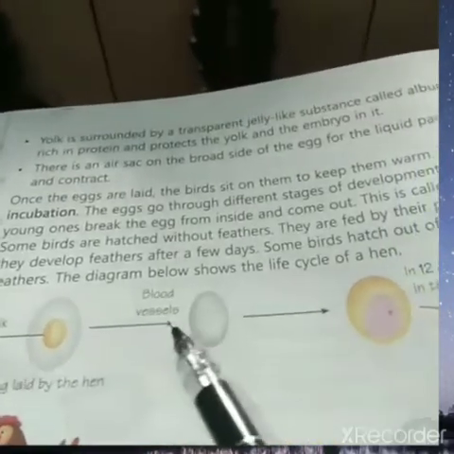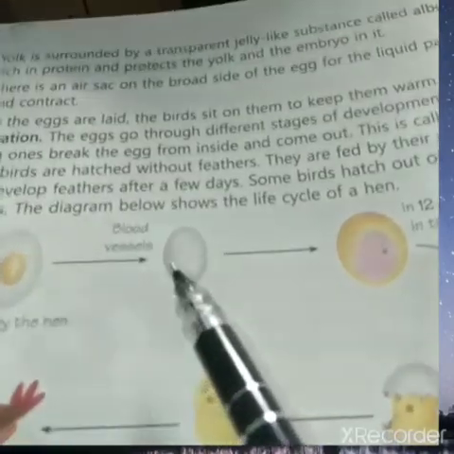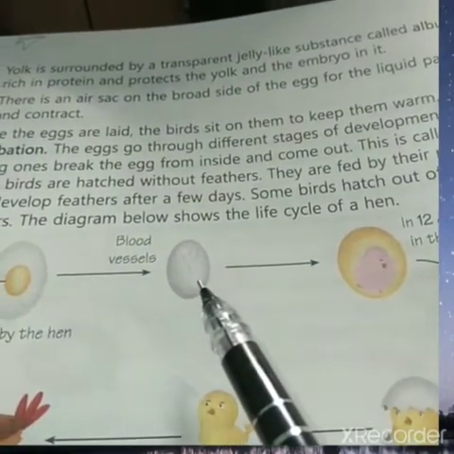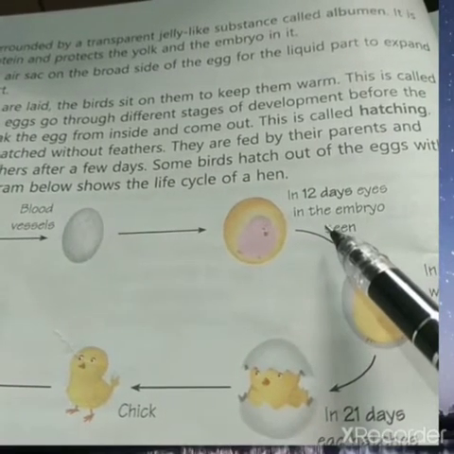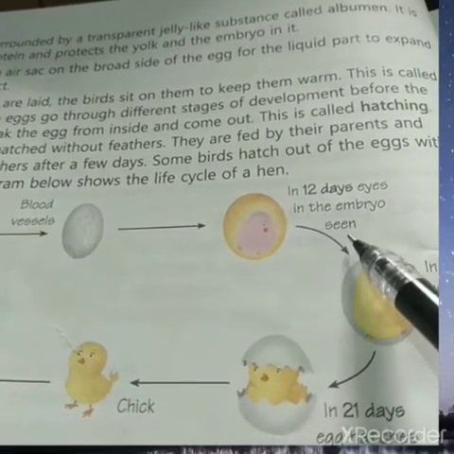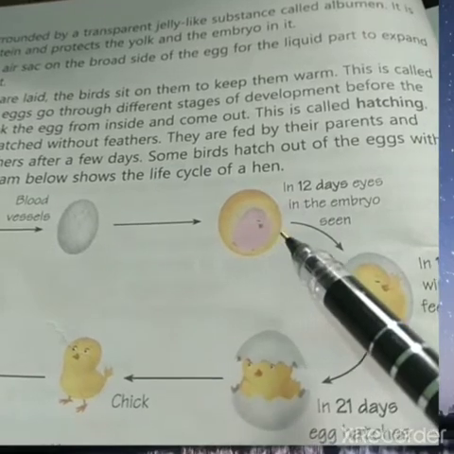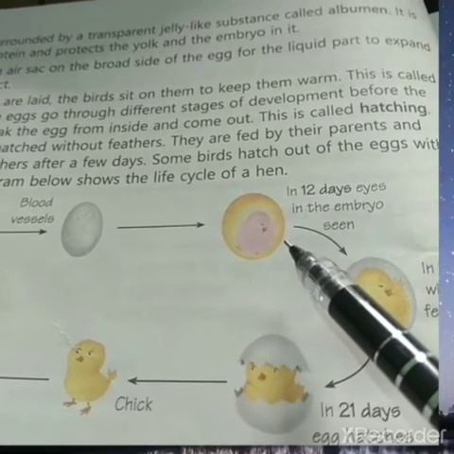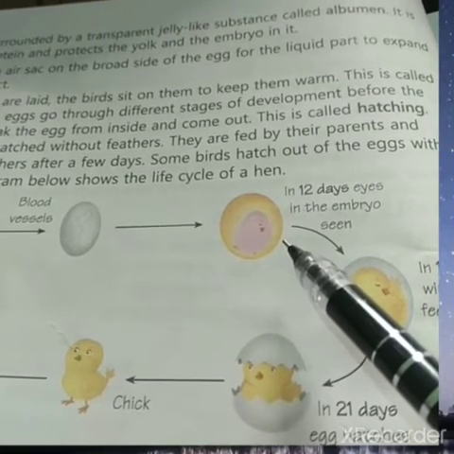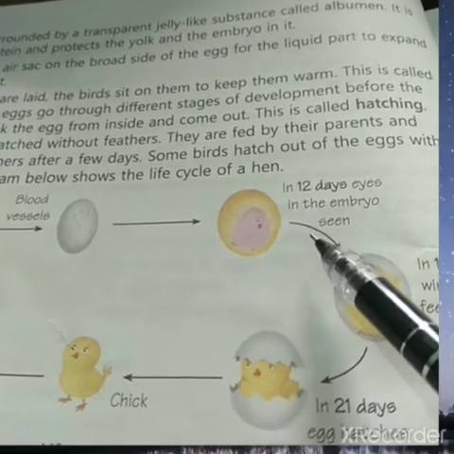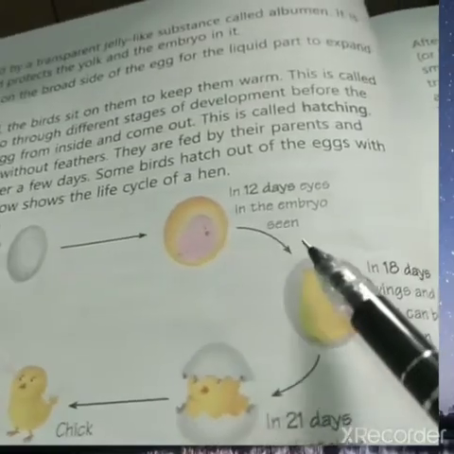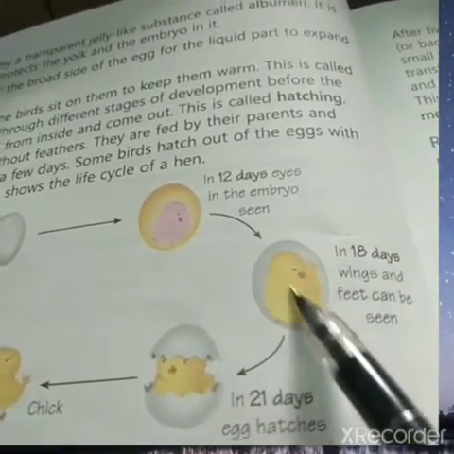Here you see the blood vessels. After 12 days, the embryo has eyes.